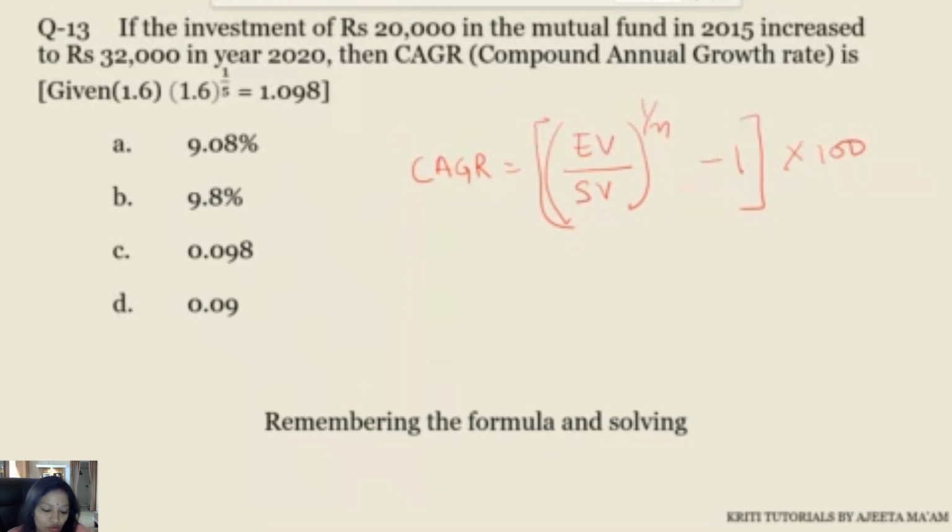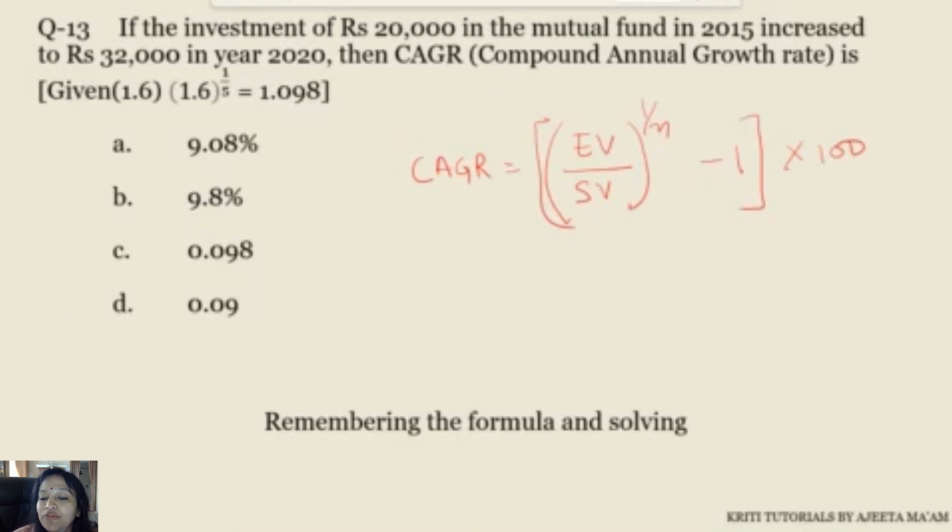So 32,000 is given to you as your EV and 20,000 is given as your SV. If the investment of rupees 20,000, you can also compare it with your principal, that is your SV. Now the mutual fund in 2015 increased to rupees 32,000. So that's your final amount, correct?